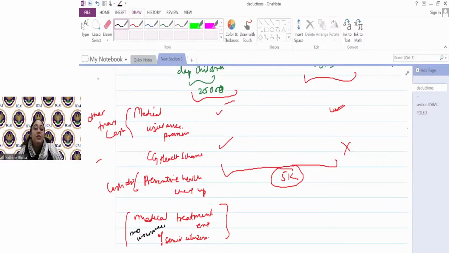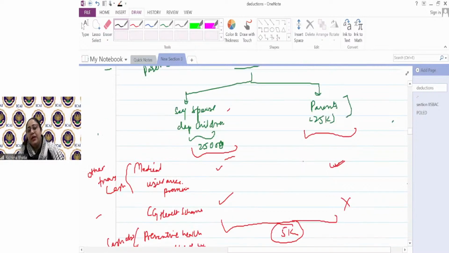But the condition is that they should not have an insurance. Suppose a senior citizen has an insurance, would their medical treatment be allowed as deduction? No. Only for a senior citizen who does not have an insurance would their medical treatment be allowed as deduction. That is allowed for both the parents category and the myself category.